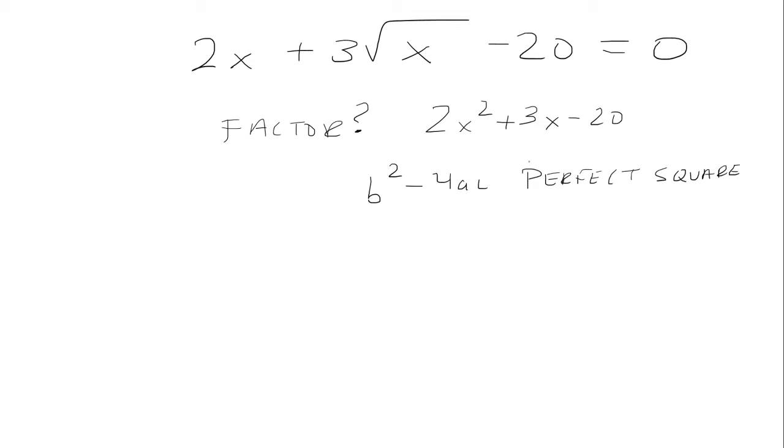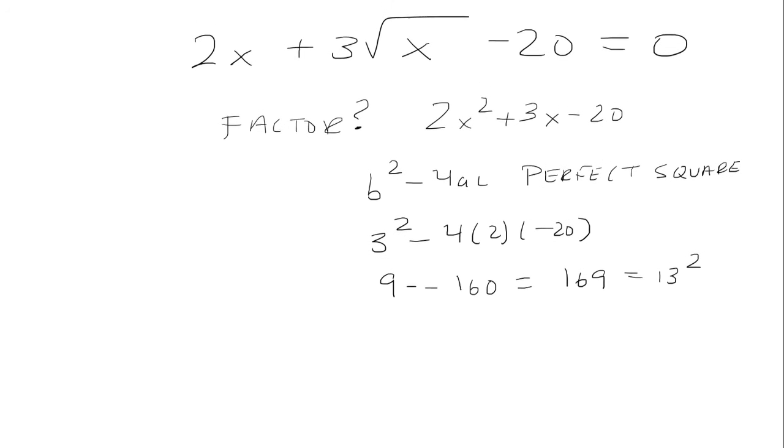So b is 3, so we have 3 squared minus 4 times 2 times negative 20. That's 9. 4 times 2 is 8, times negative 20 is negative 160. So this is 169, which is 13 squared. So this is actually a perfect square, so we can factor it.